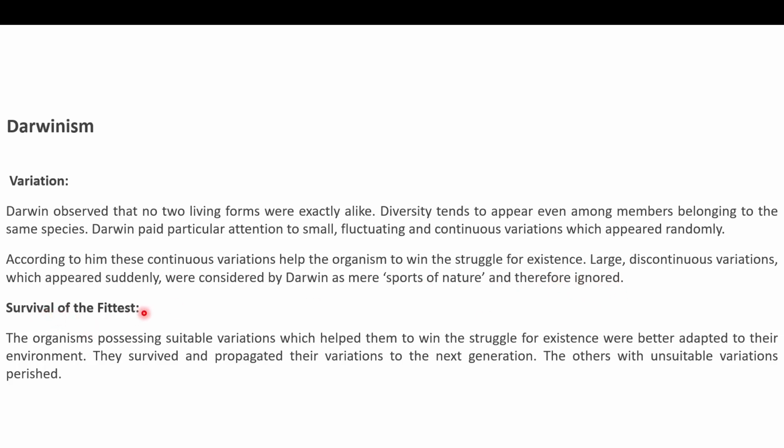And eventually, survival of the fittest came. The organisms which possess suitable variations can win the struggle for existence by better adapting to the environmental conditions.